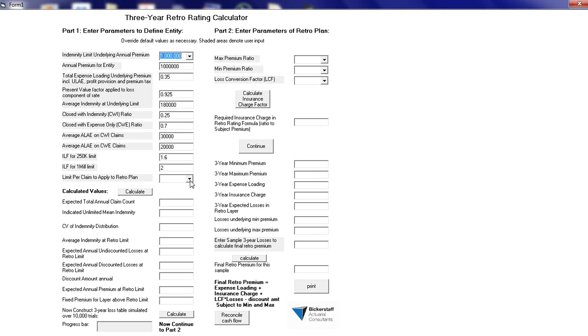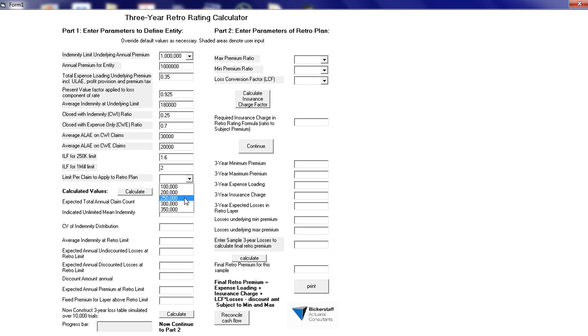Now, the insured now has a choice. How much risk do I want to take? I can have a plan where I limit my losses to 100,000 and have a rate retrospectively determined for only the first 100,000 of claims, or for the first 200,000, and so forth.